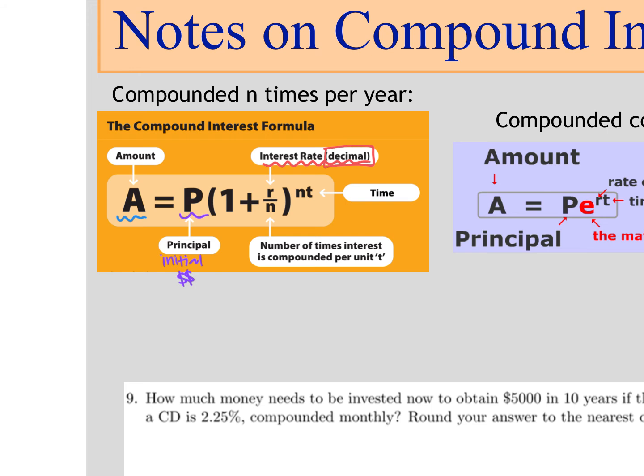We raise that to the power of n times t. Again, n is the number of times that interest is calculated per year, and then t is going to be time, and this specifically is time in years.